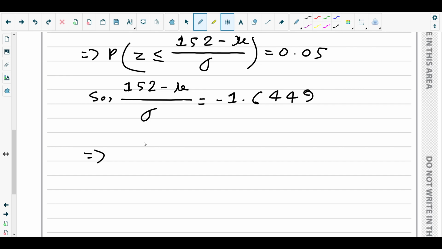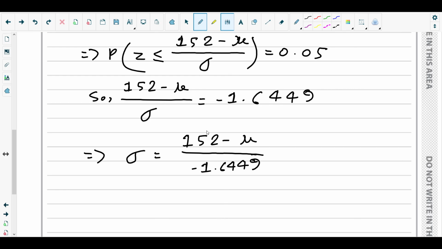This is what we got here. We can make sigma the subject. If you make sigma the subject, you will get 152 minus the mean over negative 1.6449. We got the substitute for sigma.